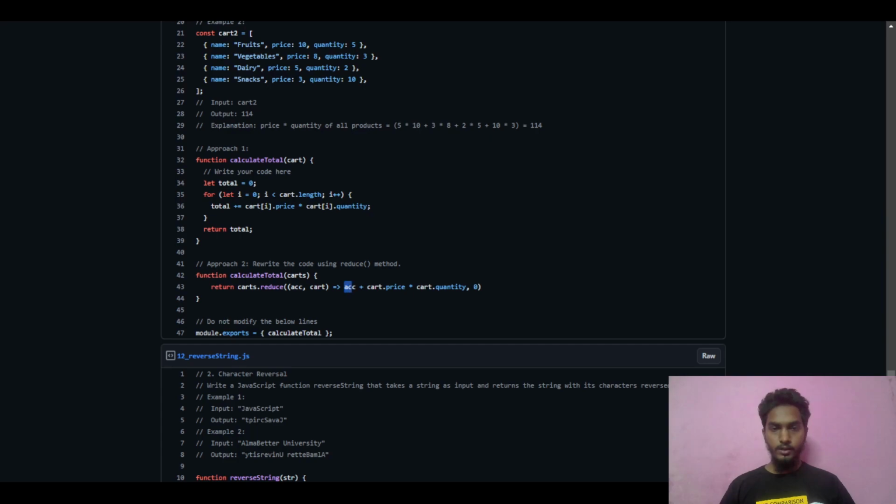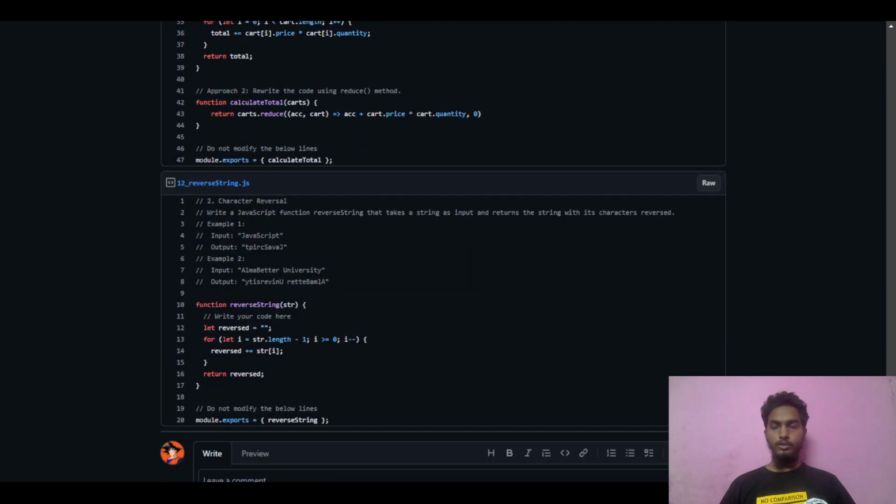So we are adding the initial amount, or the previous sum in the case of the second and third iterations. Then we are applying our logic, current cart item.price times current cart item.quantity. Then it loops over the array and reduces it to a number. Then we return that number.